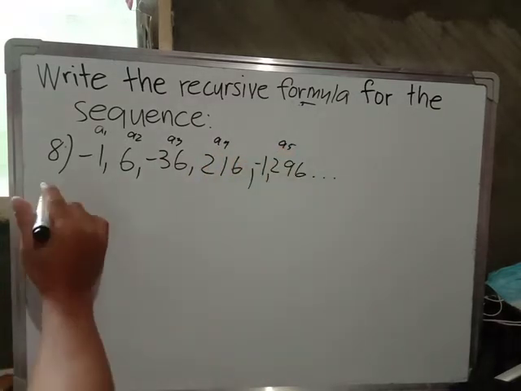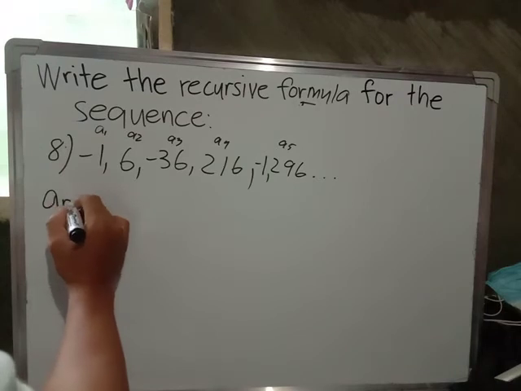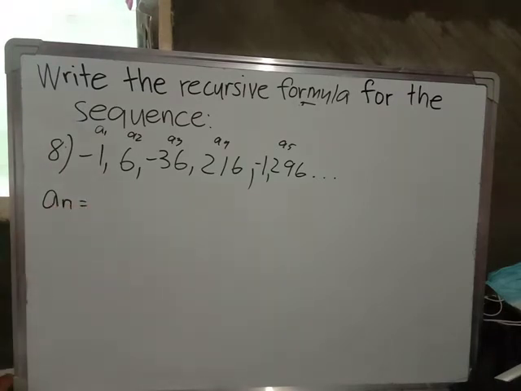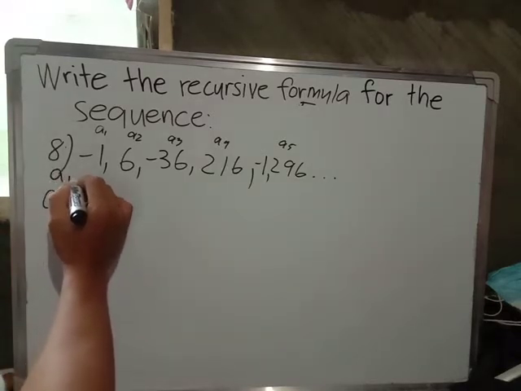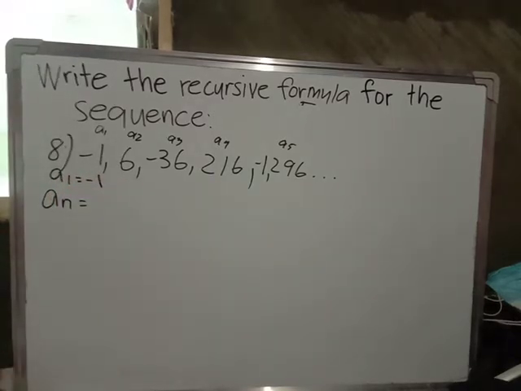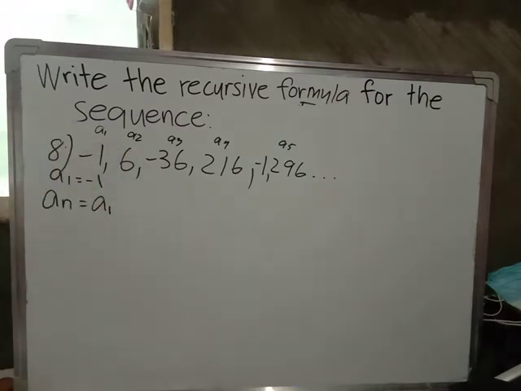So, mag-create tayo ng diretsyo ng recursive formula, E_n is equal to... Isulat natin sa taas yung E1 is equal to negative 1. Iwan natin E_n, for example, si E2. Gamitin natin si E1, which is negative 1. Anong i-multiply natin sa negative 1 para ma-achieve si E2?